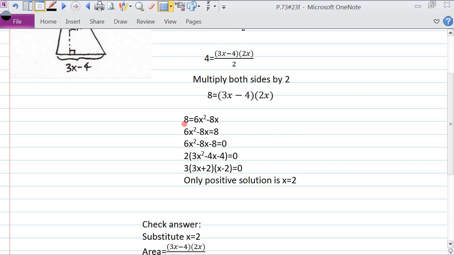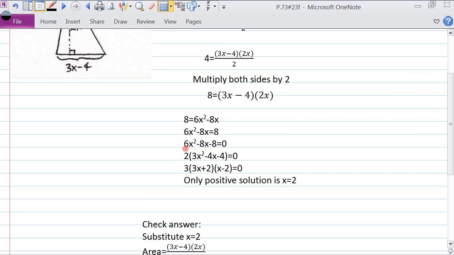Now I'm going to bring this over to the other side. In other words, I'm going to put this on this side and put this on this side. And because I'm doing the same, I'm just reversing the sides. There's no change in signs involved because I'm working with both sides.